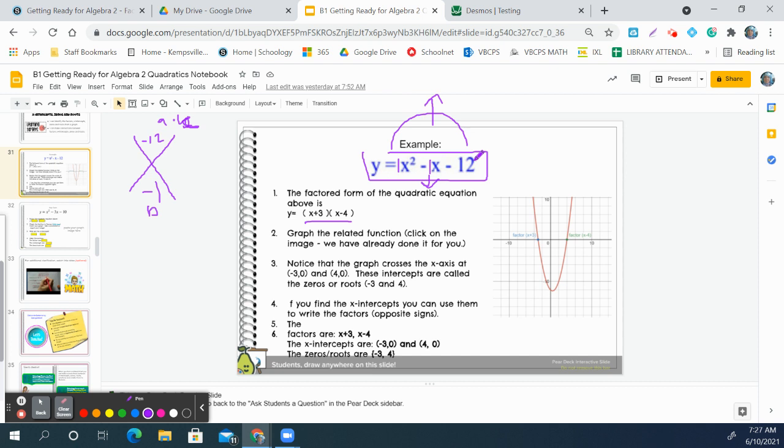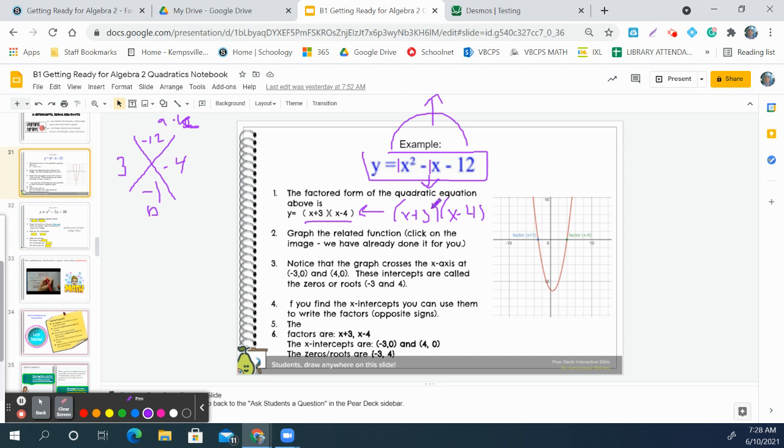So what multiplies to negative 12 and adds up to negative 1? Absolutely. 3 and negative 4. So when we put them back together, we get x plus 3 and x minus 4, right?